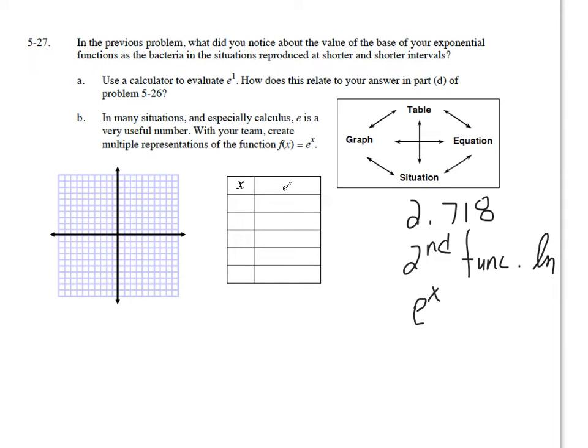So I would like you to type in, here's the keystrokes, go second, which is the blue button in the upper left corner, LN, and what you'll see on your screen is E. And I want you to raise that to the 1 power, and then hit enter.